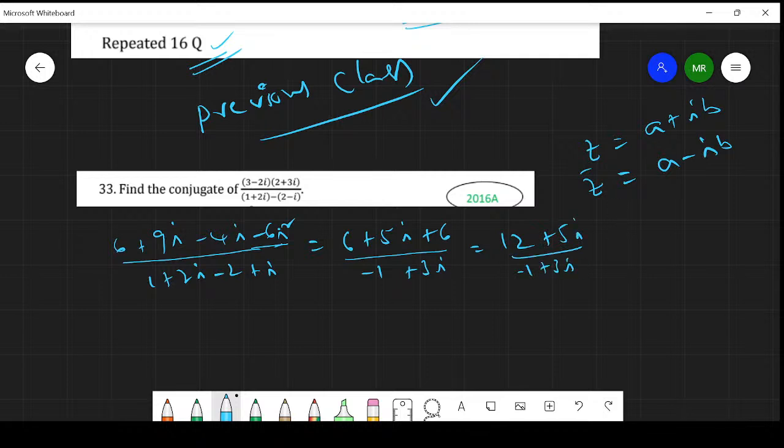You should rationalize this. To rationalize, I can write minus 1 minus 3i by minus 1 minus 3i. Rationalizing factor, same number I should multiply.